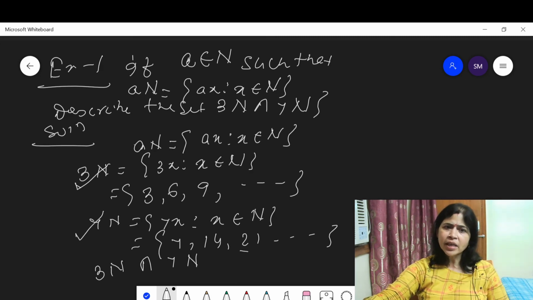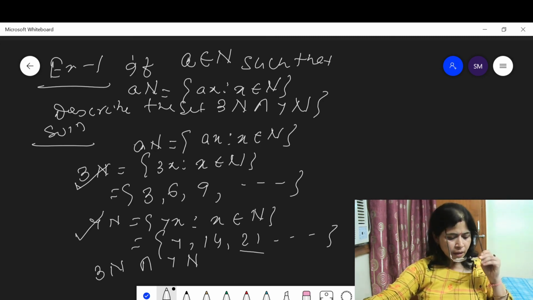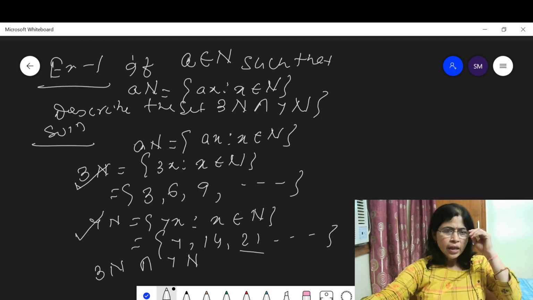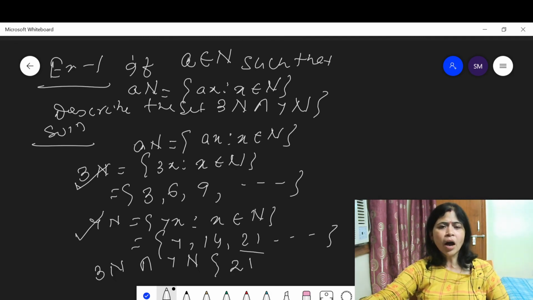Here 21 is the element which is a multiple of both 3 and 7. In the same way 42, and in this way you can find that 3N intersection 7N is equal to the elements which are multiples of both 3 and 7: 21, 42, 63, in this way.